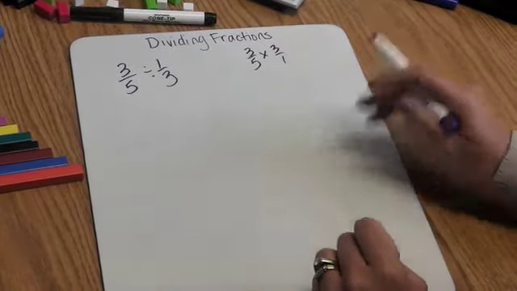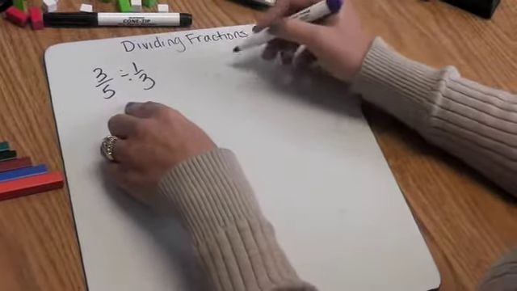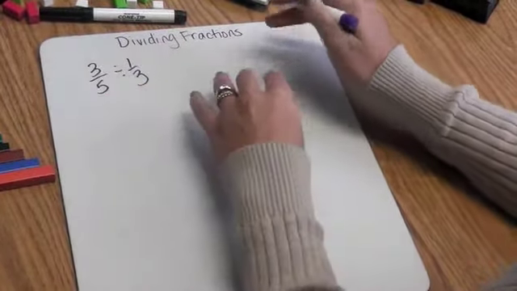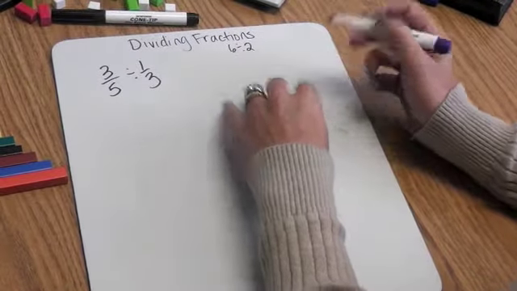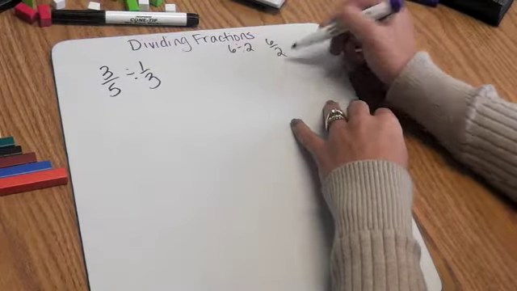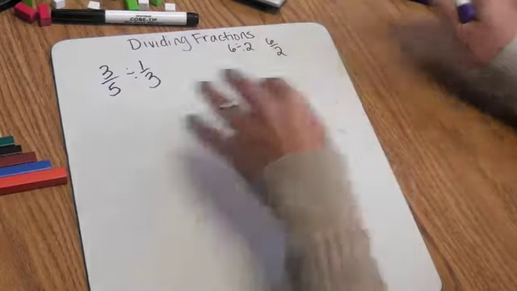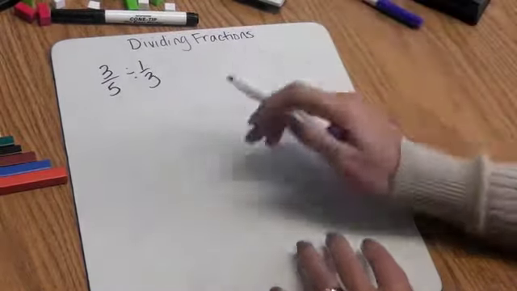So the first thing I want to talk about is the way we're writing the question. If I use whole numbers, just to better illustrate this, I could have 6 divided by 2 written like this, and there's lots of ways to write division, and another way is this, 6 divided by 2. So I'm going to use this same approach with my fraction question, which will look a little complicated, but it means the same thing.